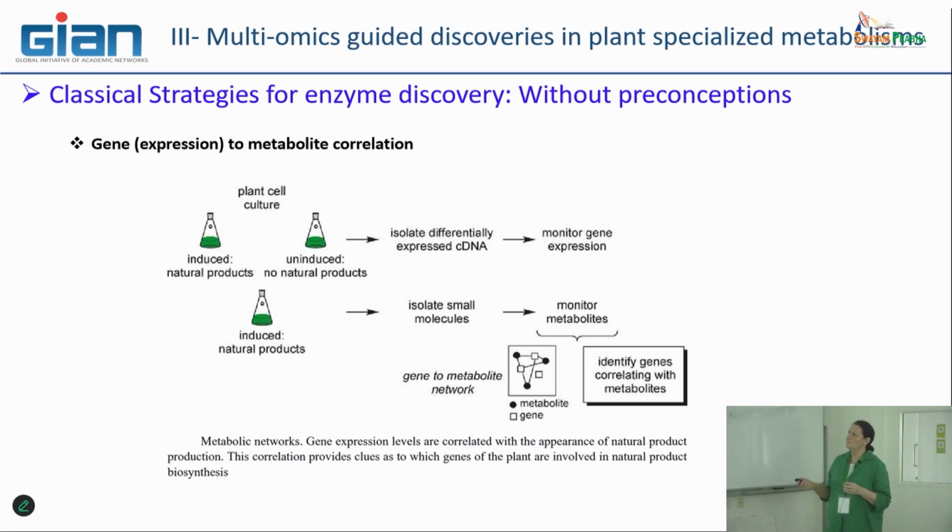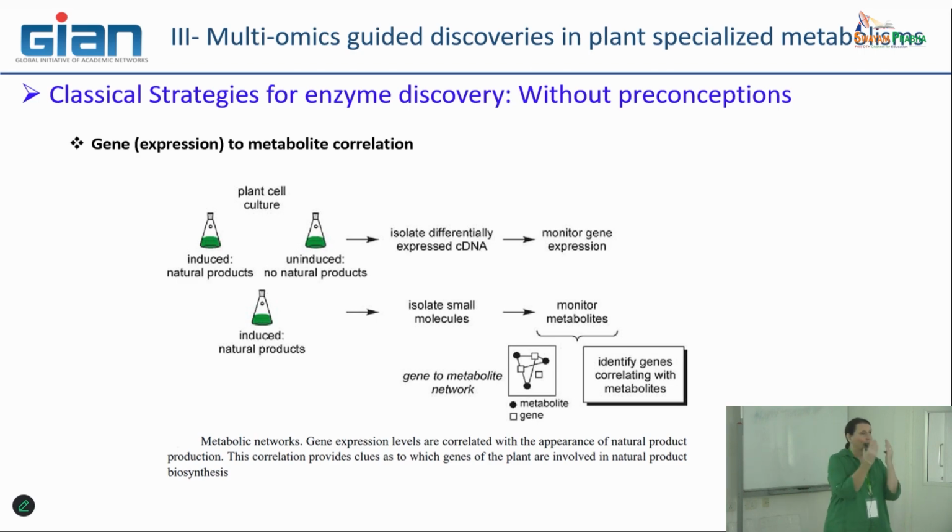So by this way, you can do two types of analysis. The first analysis is to isolate the transcriptome of the cells that produce the natural product and the transcriptome of the cells that do not produce the natural product. And after, you make what we call a differential display of the expression of the cDNA in both examples.